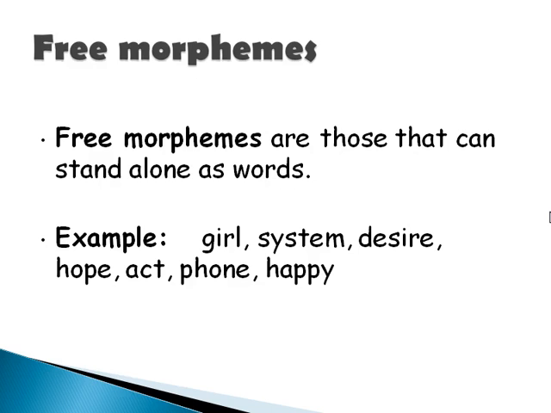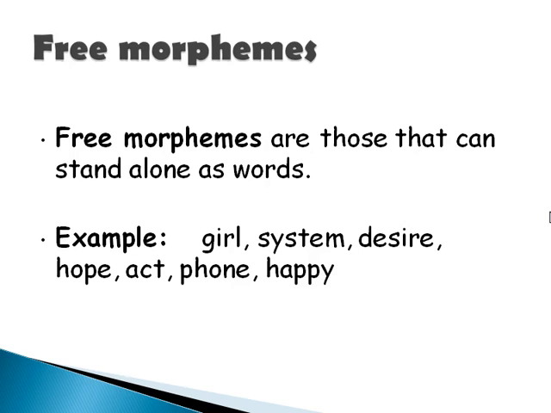Desire is a three-syllable word, but can I get this word and split it into morphemes? No. If I have to build other words from desire, it's always by adding some part. Desirable, desirability, undesirable, undesire. But this is the minimal unit. This is the root.